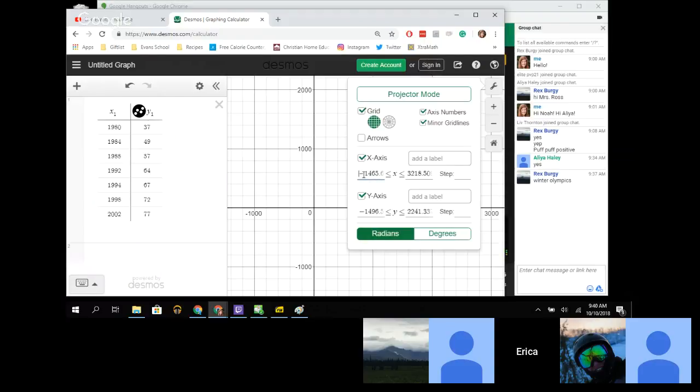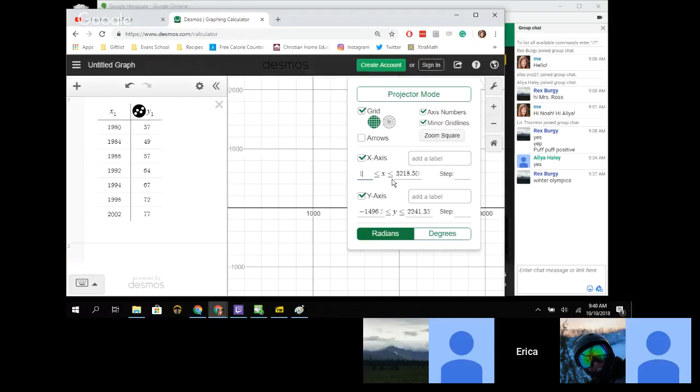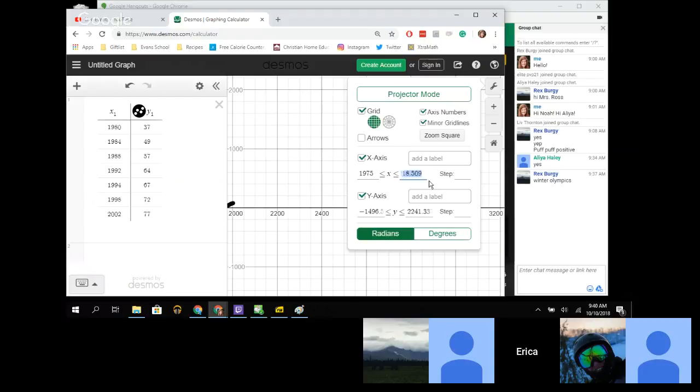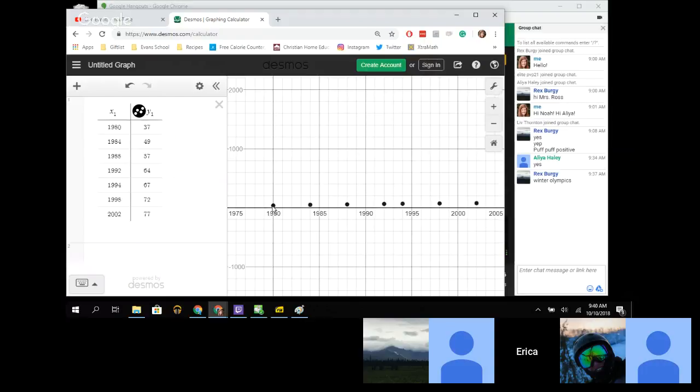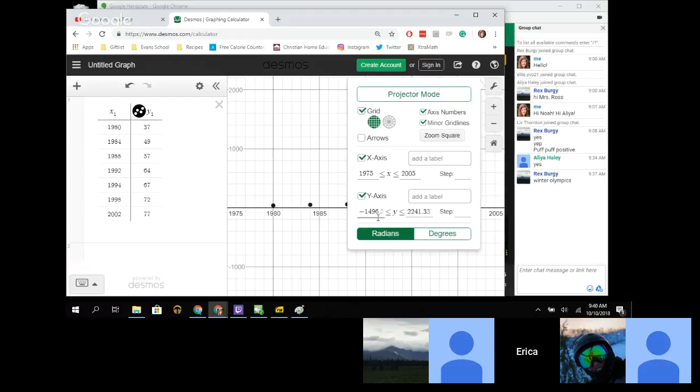So really, if I go from 1975 to 2005, you can see that now I have a much better view of the X values of my data. The Y values of my data are not so good, so I need to fix that up, right? Again, go in here. It looks like my Y values range anywhere from 37 to 77.